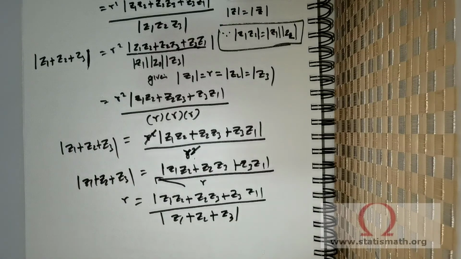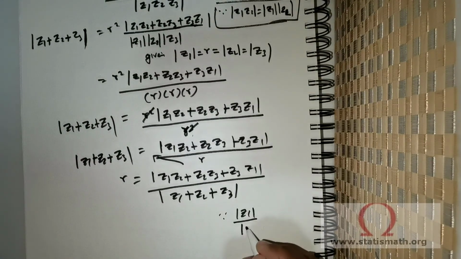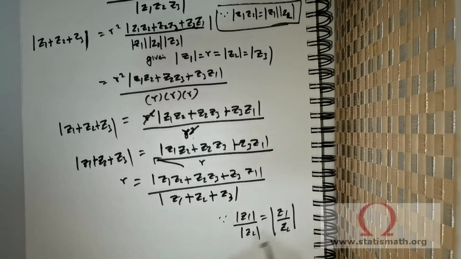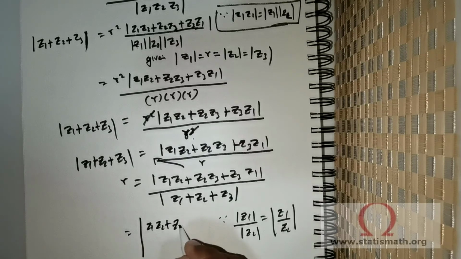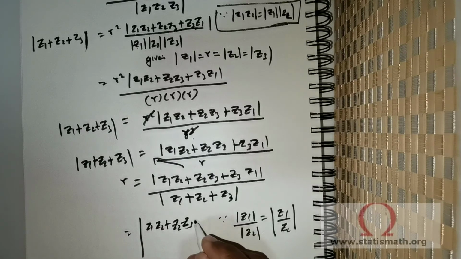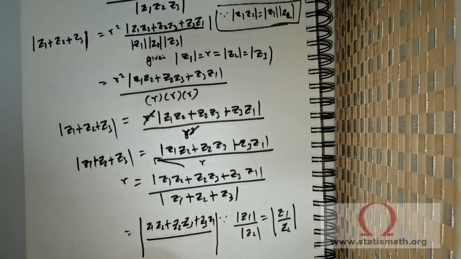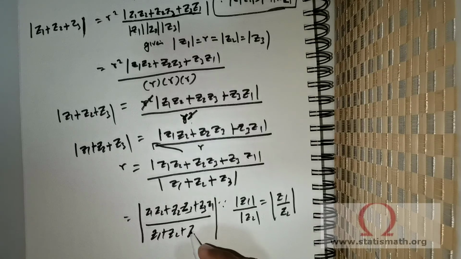This is going to be the case, but we know that modulus of z1 divided by modulus of z2 can be rewritten as mod of z1 divided by z2. Okay, so this is going to be mod of z1 z2 + z2 z3 + z3 z1 divided by z1 + z2 + z3.